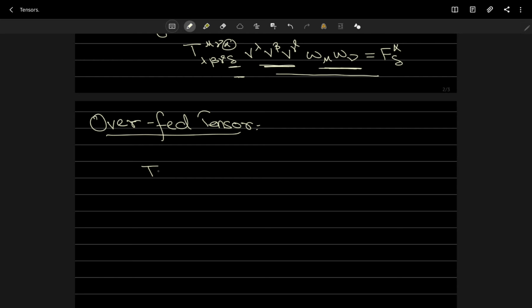So let's see, T^{μν}_{αλβγδ}. Now the vector space is v^λ, v^β, v^γ and v^η.